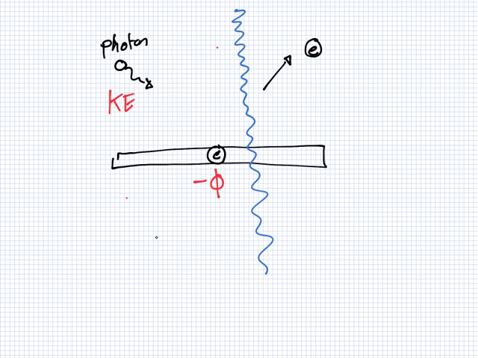It's trapped. What's the formula for the energy a photon has? hf. And here is minus phi. And the energy here? Kinetic. Now, if we want to be technical, it's a maximum kinetic energy because some of the energy could come out maybe as heat.